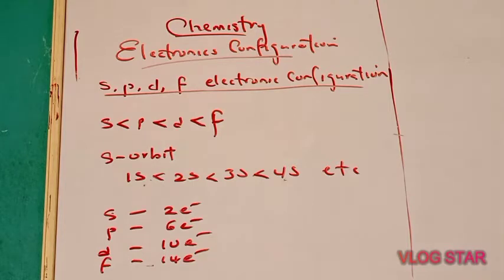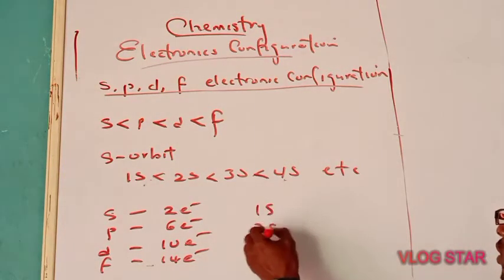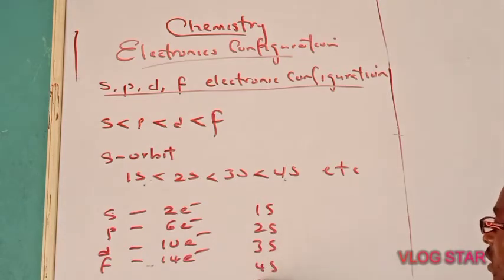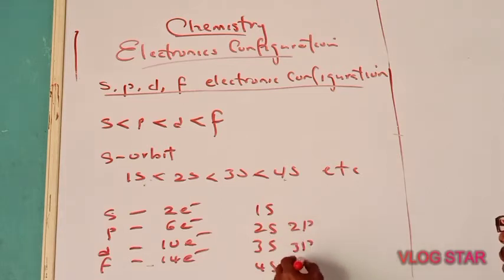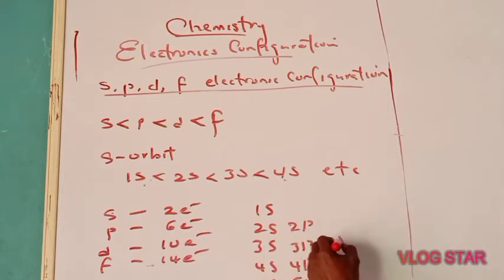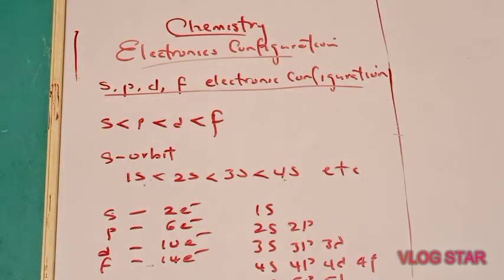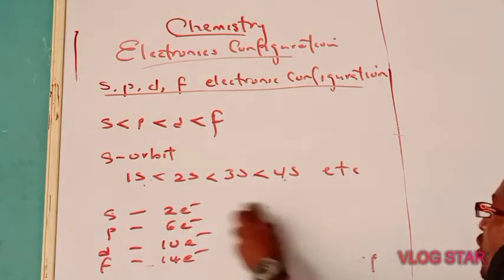Now, there's a way these things were arranged for you: 1s, 2s, 3s, 4s, 5s, 6s, 7s, 2p, 3p, 4p, 5p, 6p, 3d, 4d, 5d, 4f. Did you notice what I did?